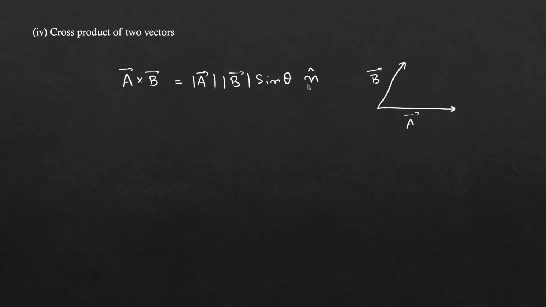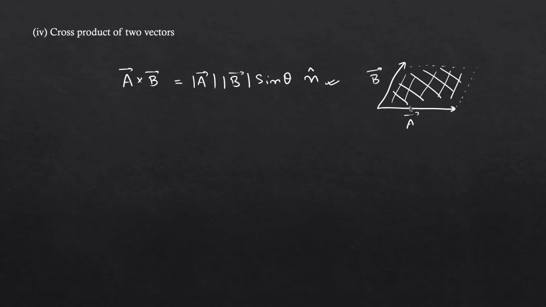So what is n cap? n cap is the direction of this A cross B. How do we get this direction? This n cap is perpendicular to A as well as perpendicular to B. The other way to say it is that it is perpendicular to the plane formed by A and B. So let's say this is the parallelogram formed by the A vector and B vector.